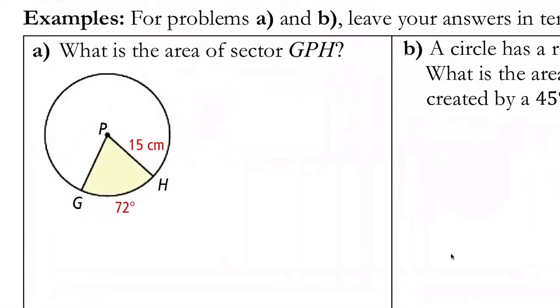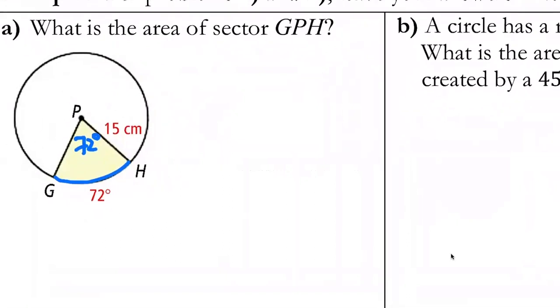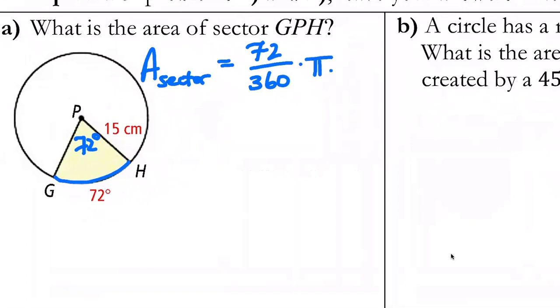Okay, the area of the sector. Remember that the measure of an arc is the same as its central angle measure. So that's a 72-degree angle. So the area of the sector is going to be 72 out of 360 of the area of the circle, which is pi times 15 squared. 360 divided by 72 is 5.